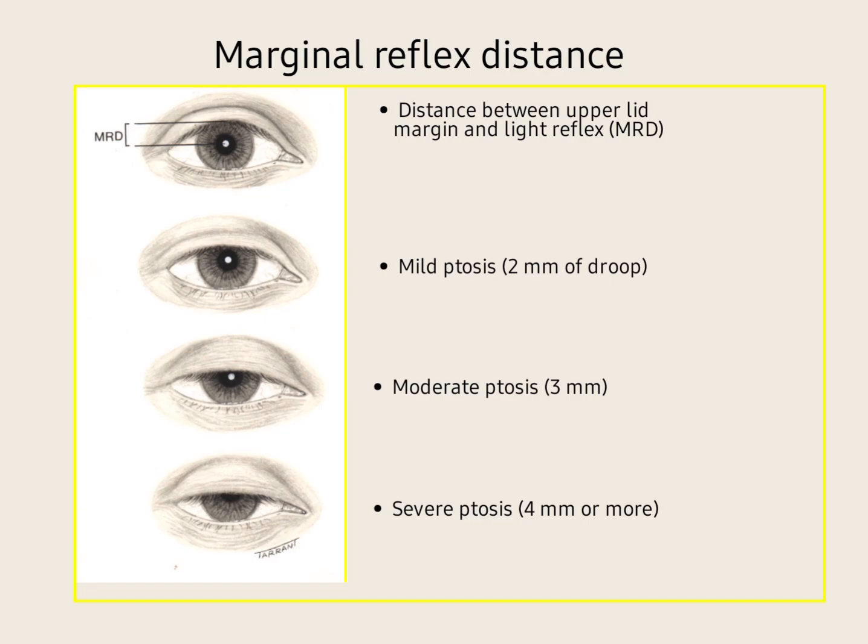When someone is said to have moderate ptosis, the droopy eyelid is about 3 mm. And severe ptosis is when the droopy eyelid is 4 mm or more.